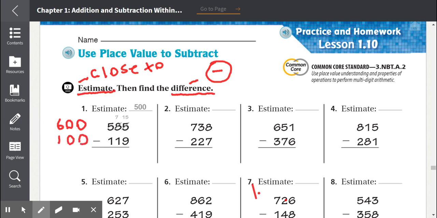So we round it to 100. Now we subtract. 0 minus 0 is 0. 0 minus 0 is 0. 6 minus 1 is 5. So our estimate is 500.